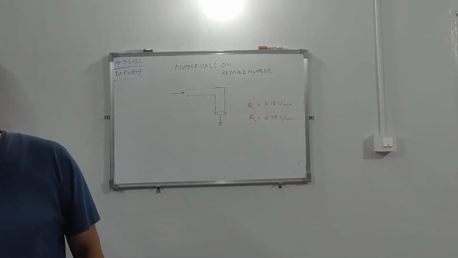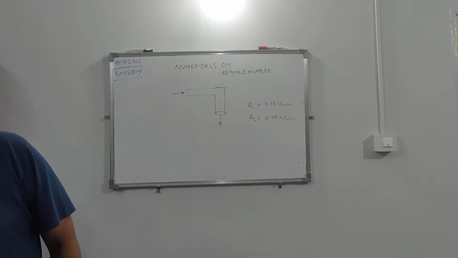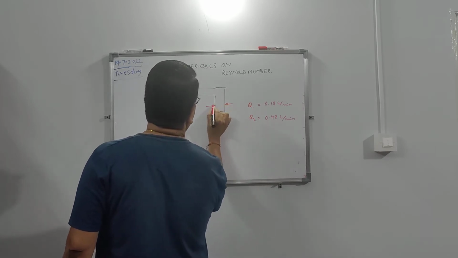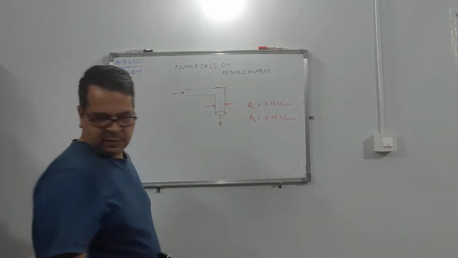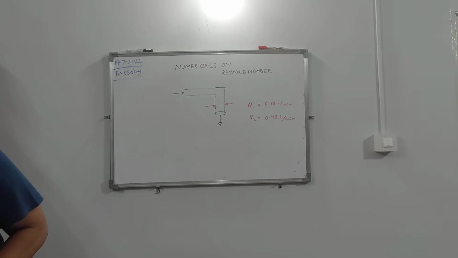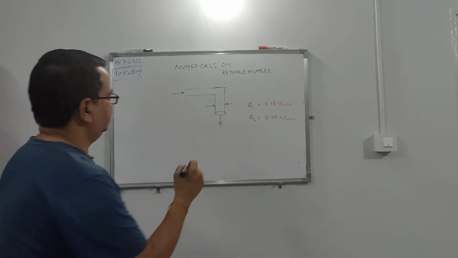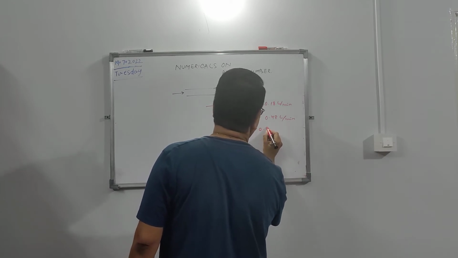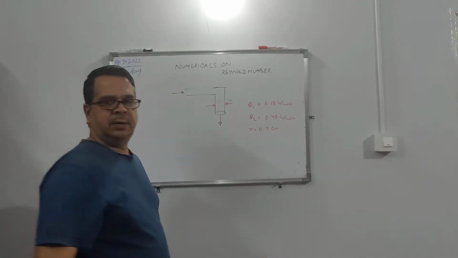Then the radius of the tap is 0.5 cm. So R is 0.5 centimeter.